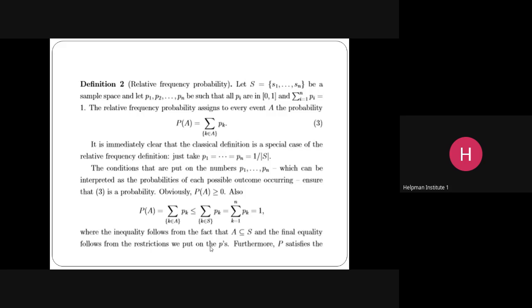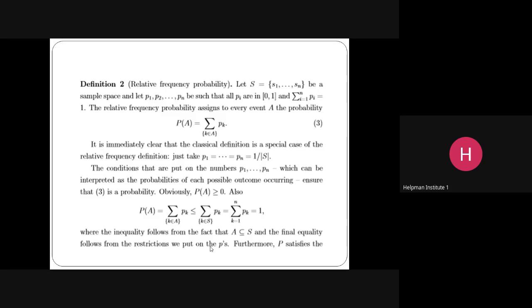What this means is that if you take individual probabilities P1, P2, P3, just like we have defined earlier on, they must lie between 0 and 1. And if we take the summation of all the probabilities, with i ranging from 1 to n, we will get 1.